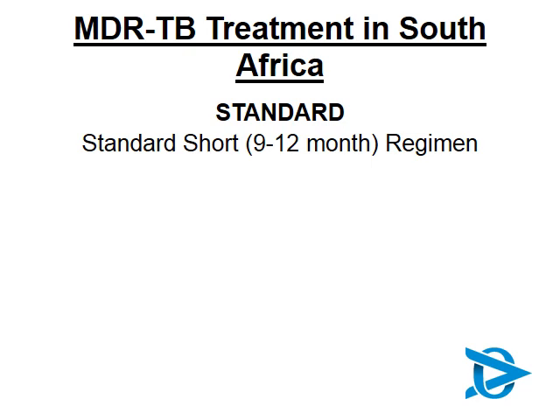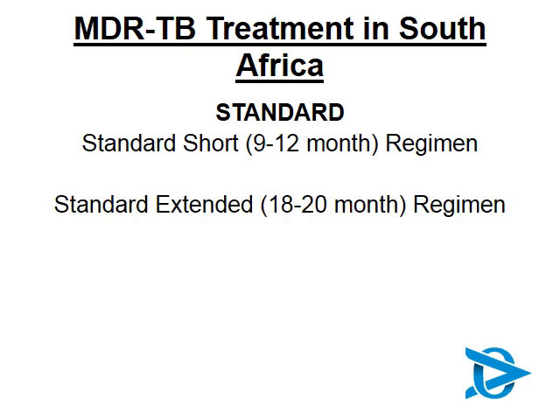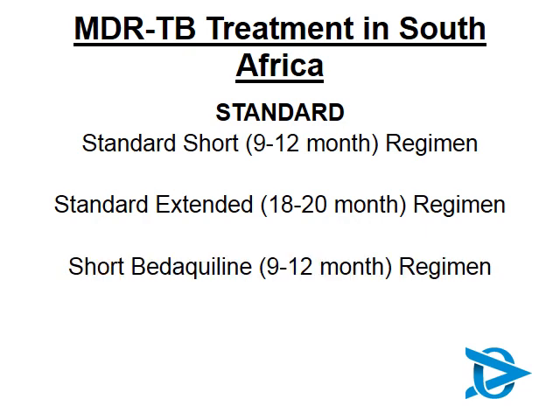Standard regimen, our most famous one, the one that's getting all the press, is our standard short 9 to 12 month regimen. If there are patients who are not converting quickly enough during the standard short regimen, they might need an extended regimen, and you can see that's an 18 to 20 month regimen. Considerably longer than the standard short, and it is mainly based on how well they're responding to the short regimen.